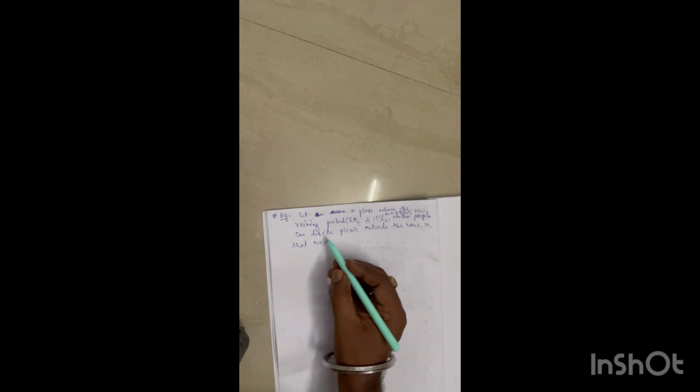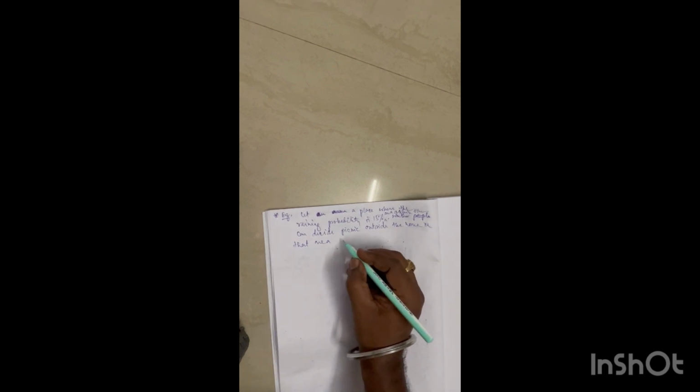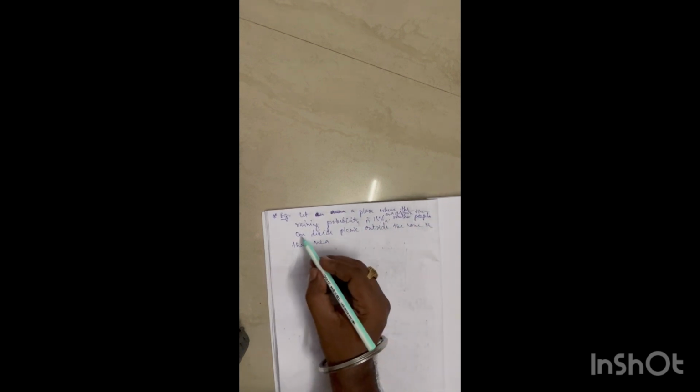Now people want to go on a picnic outside the home, and depending on this probability in that area, whether they can decide on a picnic outside the home in that area on the data available.